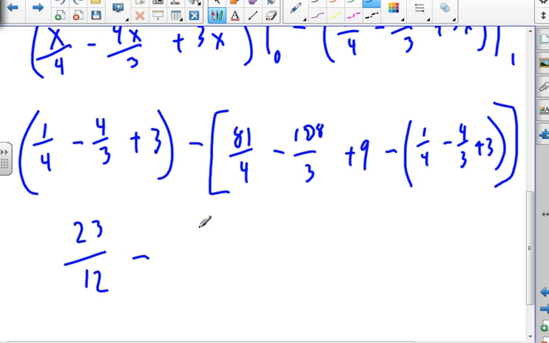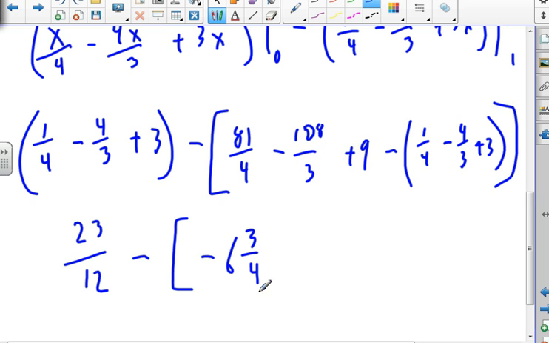Okay, so this is 23/12 minus 81 quarters minus 108 thirds plus 9. So I find this hard to believe. Minus 6 3/4.